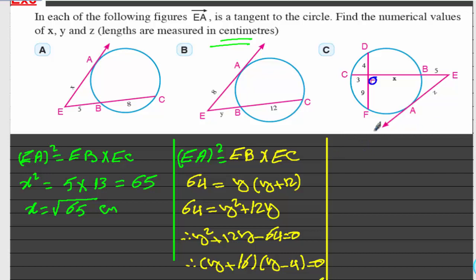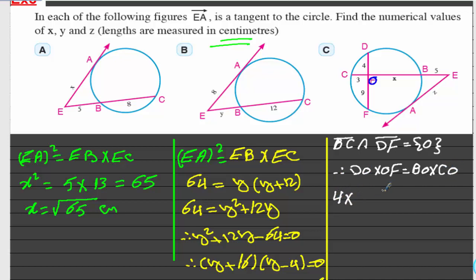We write it here: BC intersect line segment DF equals O. So DO multiply OF equals BO multiply CO. DO equals 4 multiply OF, it is 9, equals BO, it is X multiply 3.